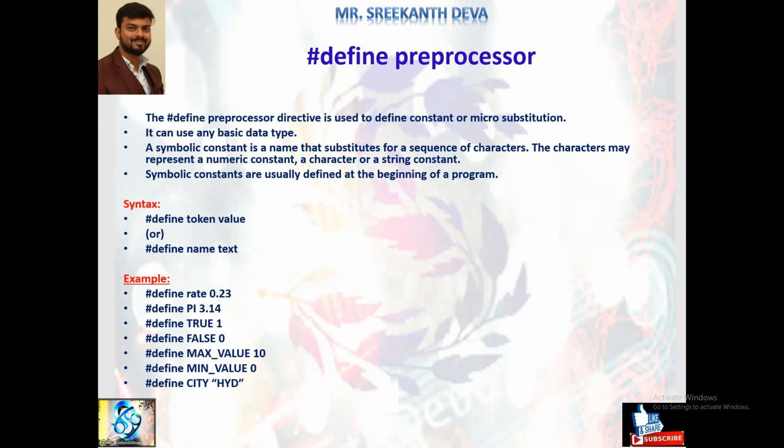That is the advantage of using the preprocessor. Here we are discussing only one simple topic called #define. We will discuss in detail the various preprocessors in C language in the coming sessions, and macros.